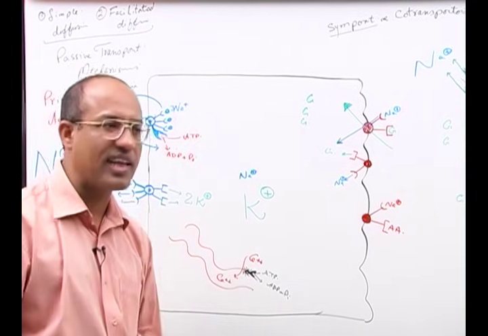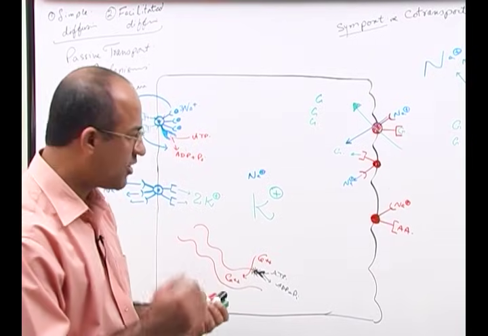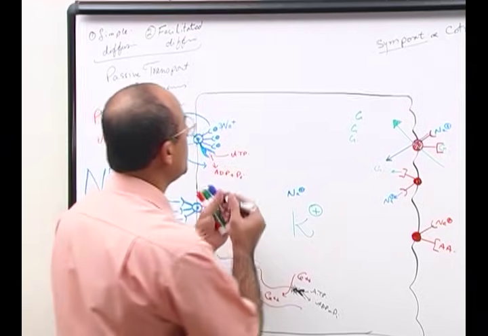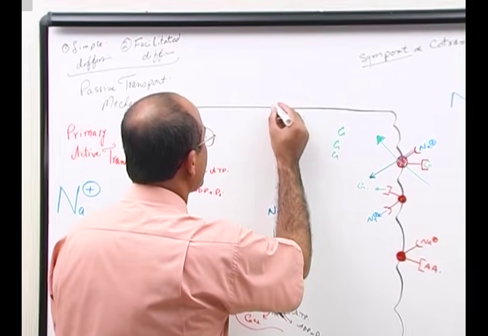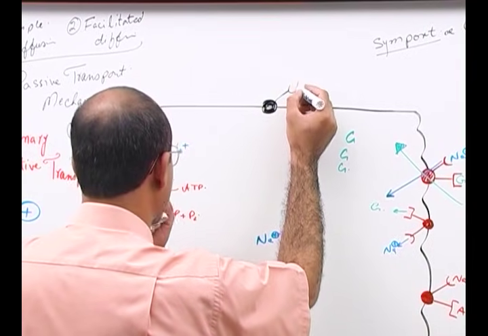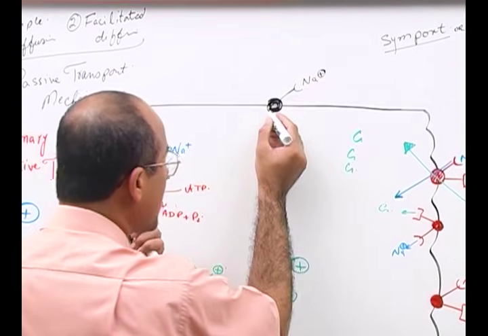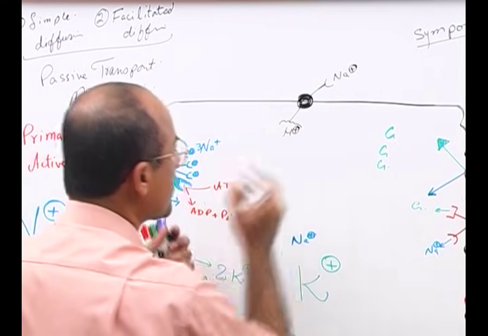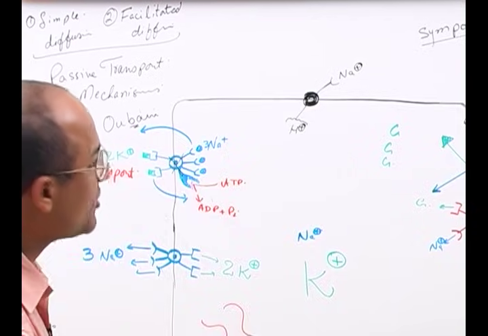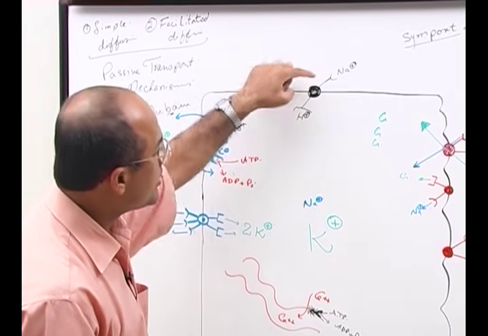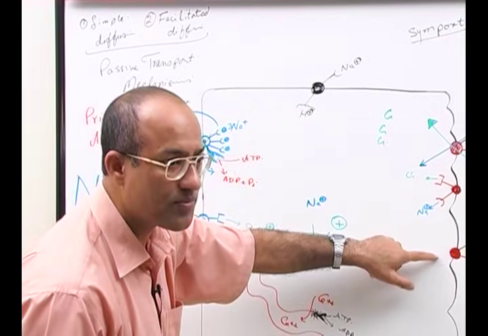There are some other cells in the body that also utilize a similar mechanism. I will show you those cells are having some transporter, and on one side this transporter can bind sodium, but inside the cell it can bind proton. Now listen carefully. This is another transporter, but it is different than those two.